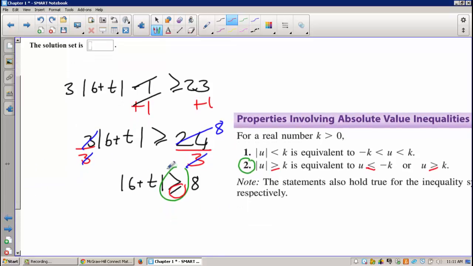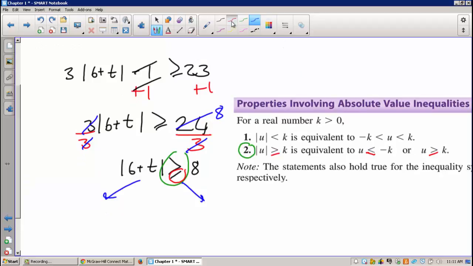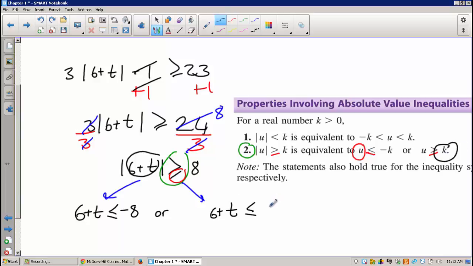You just need to split this into 2 inequalities like that. It says take the inside of the absolute value, use inside. So here is u, and that's 6 plus t. Once put it before minus k, which is minus 8, or take the same u and this time make it positive k, which is 8.